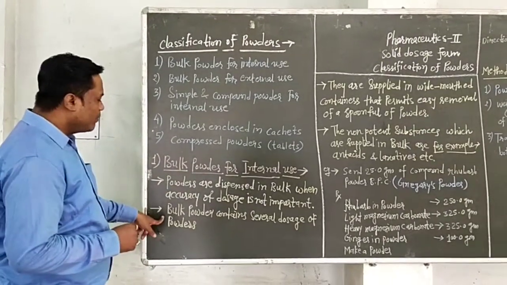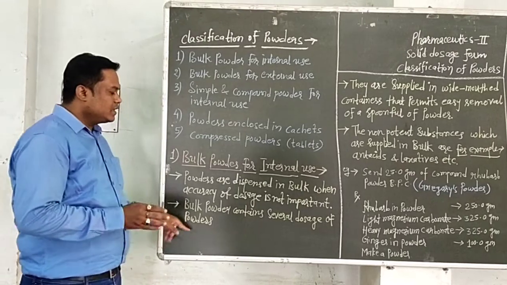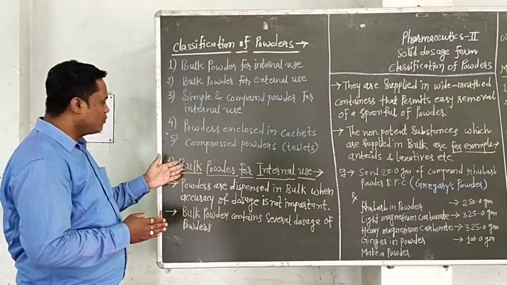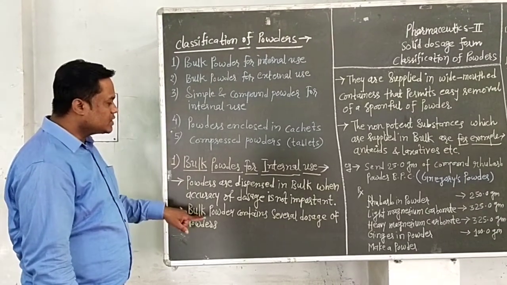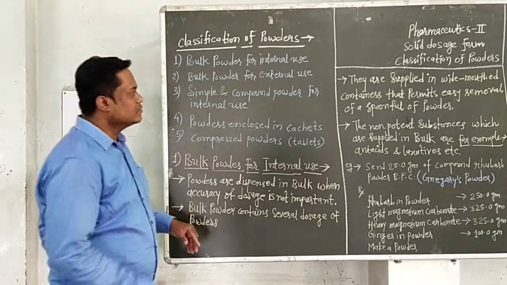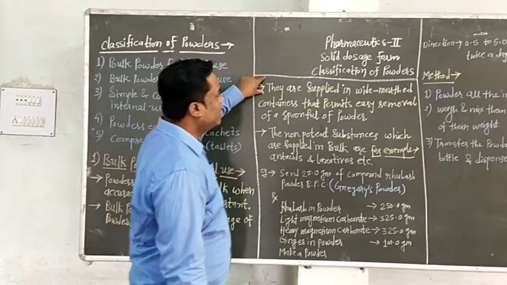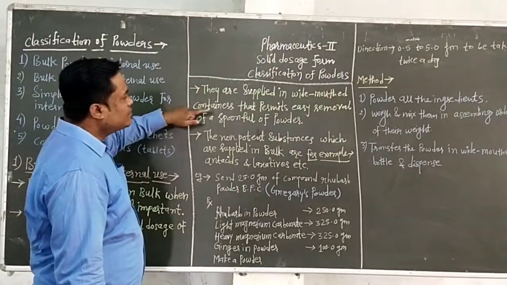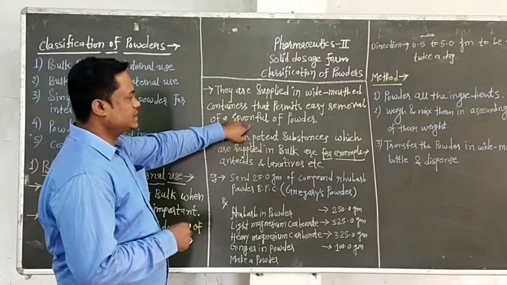Second, the bulk powder contains several doses of powder. Means it is the large dose, it contains the bulk content of powder for the doses. Next, these bulk powders are supplied in wide mouth containers that permit easy removal of a spoonful of powder.